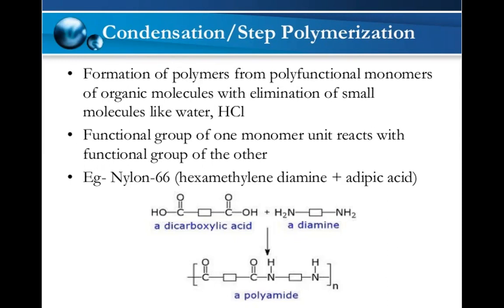That means two or more monomers are united together to form a polymer with the elimination of small molecules like water, HCl. This step polymerization is a very slow process and takes place in a stepwise manner.